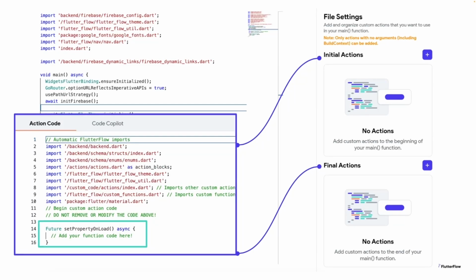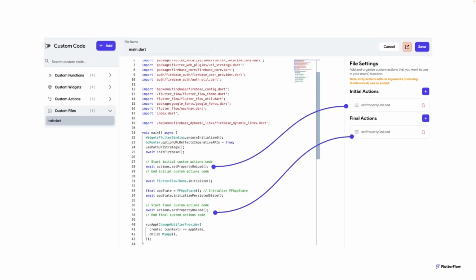One important note here: you can only add custom actions with no arguments, including build context. Otherwise, it will not show up in your list of actions that you can add to the main file. Once you select your action, depending on whether it's an initial action or final, it will appear before or after initializing FlutterFlow and app state respectively.